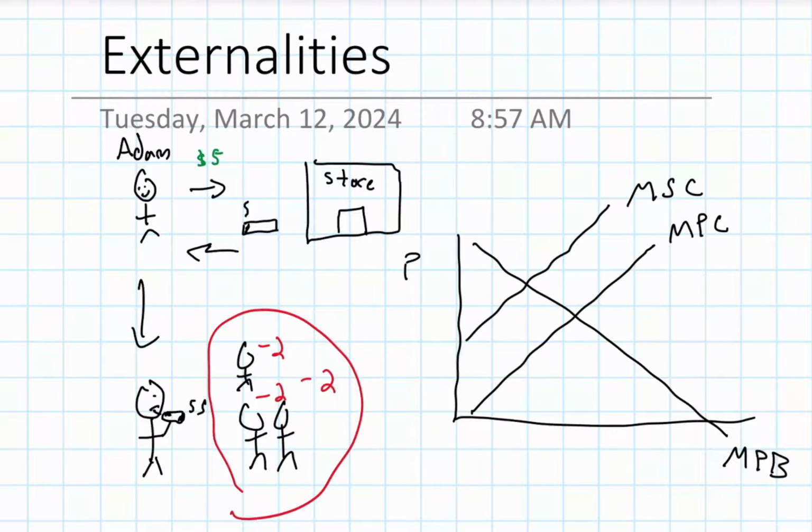And this is your price, and this is your quantity. So then you have this marginal social cost, which I'll put in red so it looks more menacing.